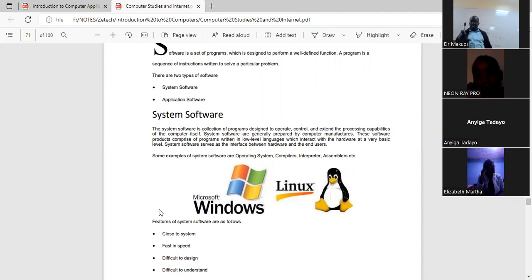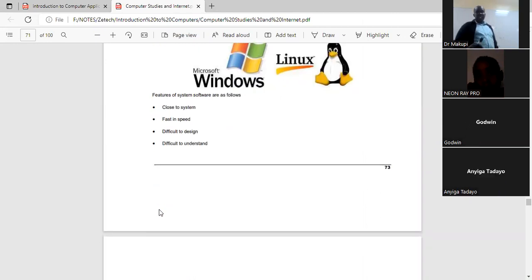Application software, on the other hand, is written using high-level languages. Now, a feature of system software is that, one, it is close to the system. Remember, I said application software is close to humans, or the users, but this one is close to the system or the hardware.